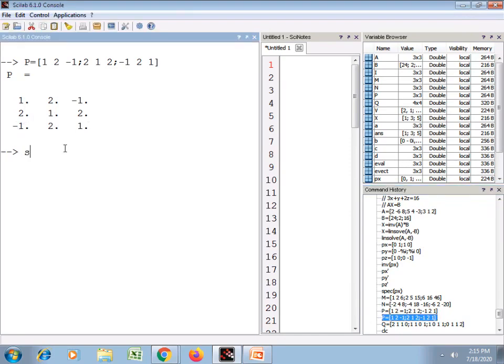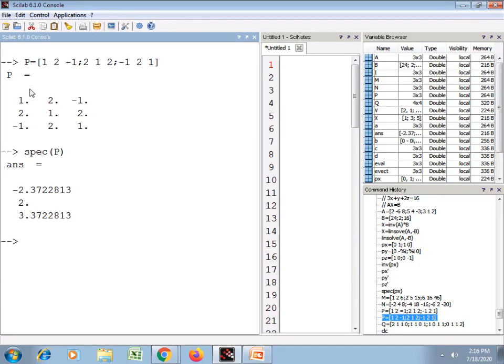So there is a command spec of P that will give you the eigenvalues of the matrix P. So the eigenvalues are minus 2.37, then 2, and 3.37. So by using this simple command spec, we can get the eigenvalues of the matrix P.